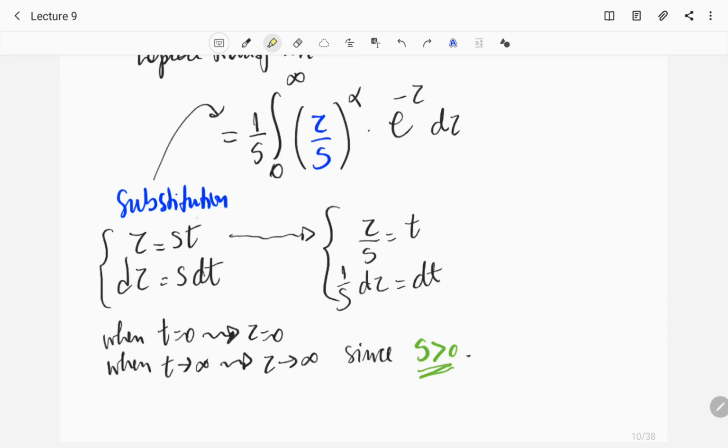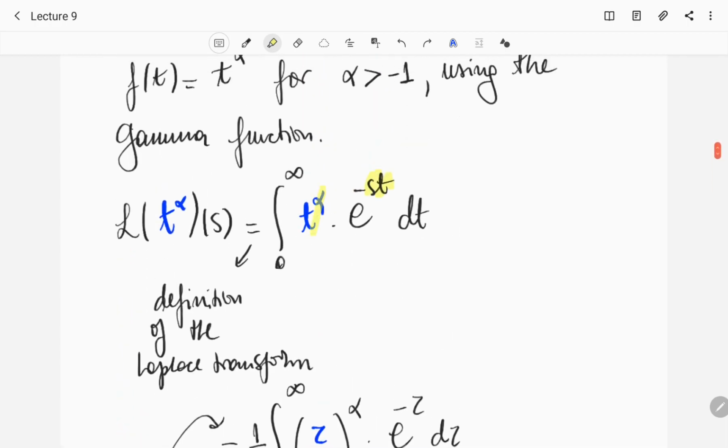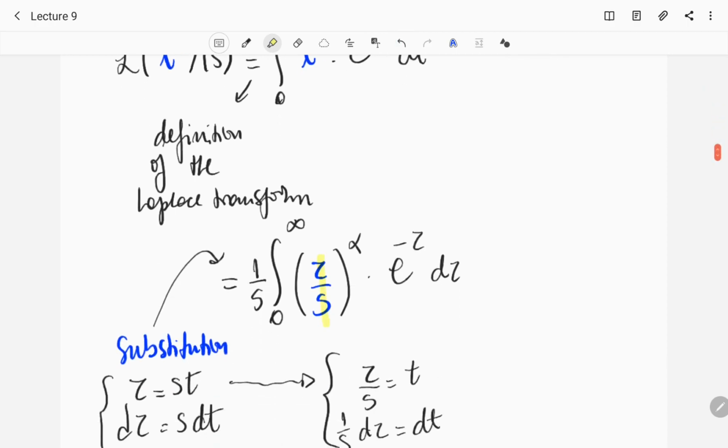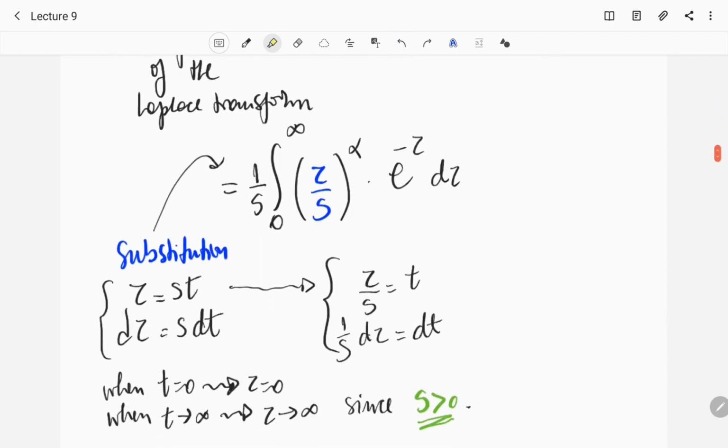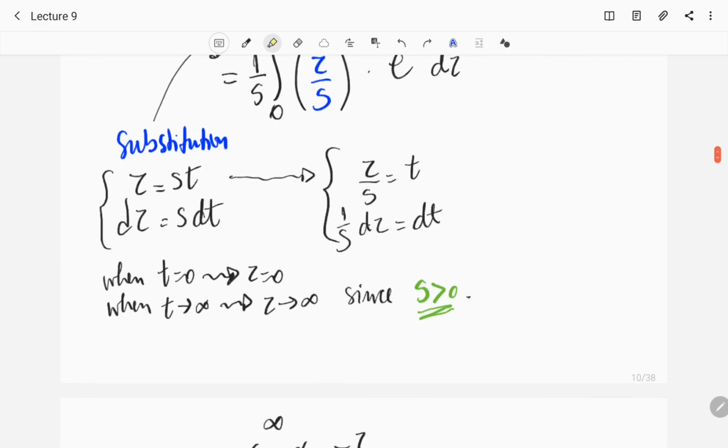Then we can pass this s to the other side of the identity, and we have this. So now our t to the power alpha becomes tau over s to the power alpha, and the exponential is of minus tau.